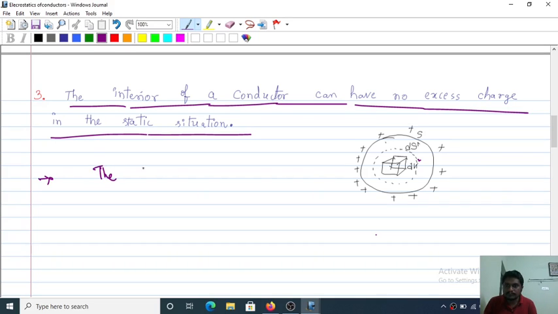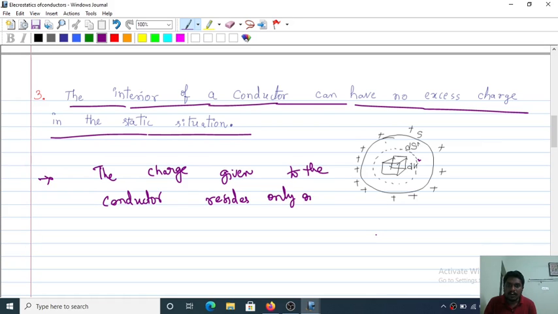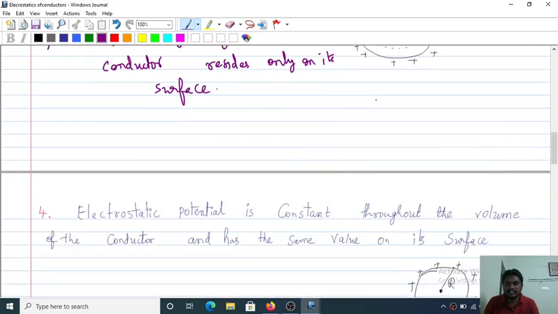The charge given to the conductor resides only on its surface. It doesn't go inside the conductor. So there is no net charge inside the conductor.